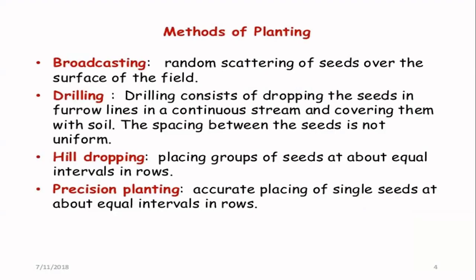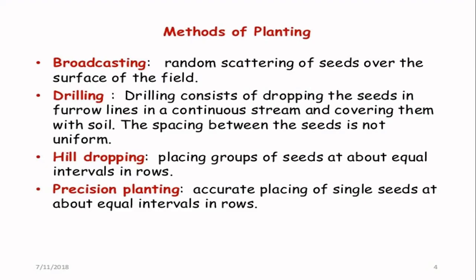Drilling is the opening of the furrow. A furrow is a depression, meaning something takes the soil and makes a hole. Here, furrow line and continuous stream are very important. In a continuous stream, the furrow should be in a continuous straight line.